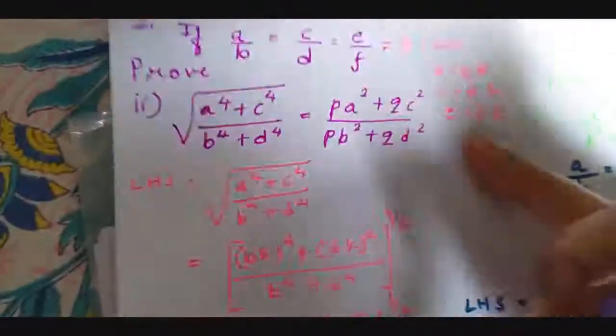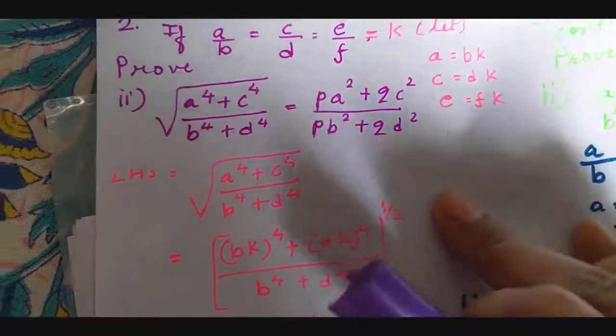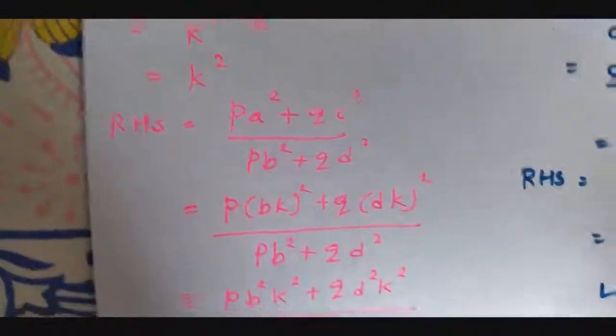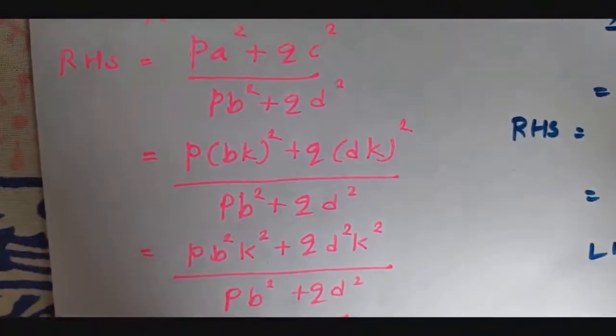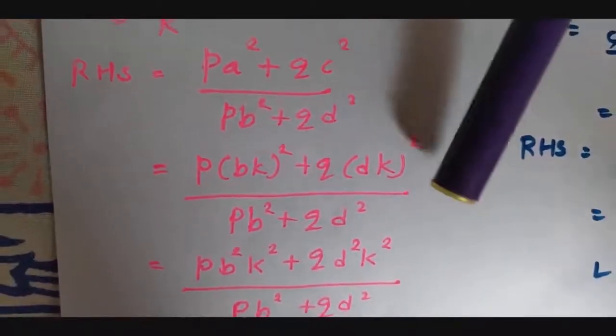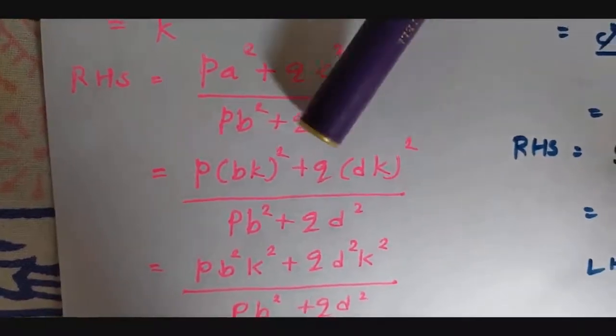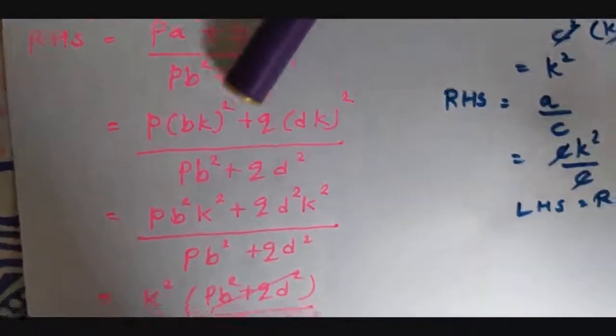Now see the right hand side, it is pa^2 plus qc^2 upon pb^2 plus qd^2. We'll start with our right hand side now. I place the value of a as bk, c as dk, and then appropriately take the square, denominator as it is.